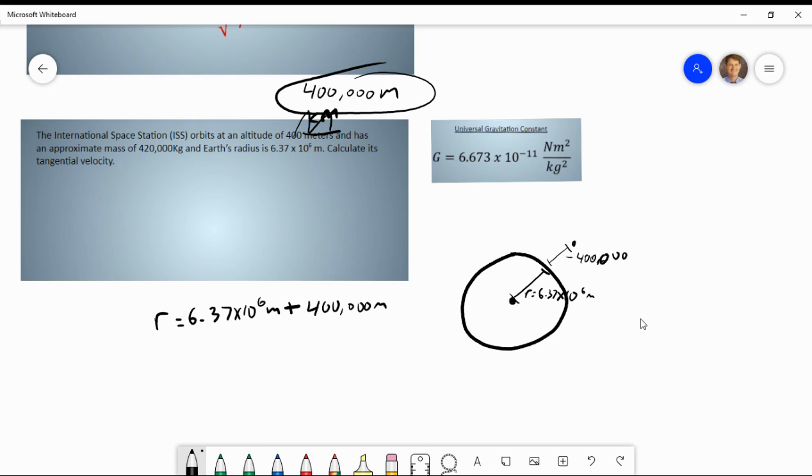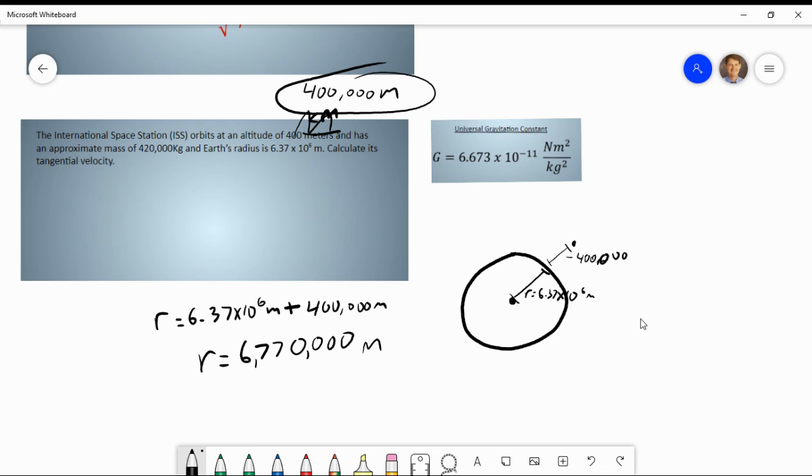So the radius between these two objects is 6,770,000 meters or so.